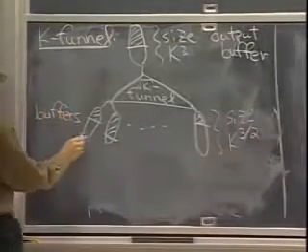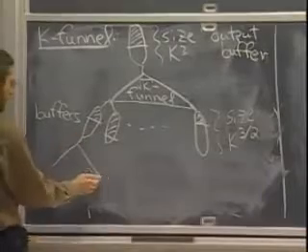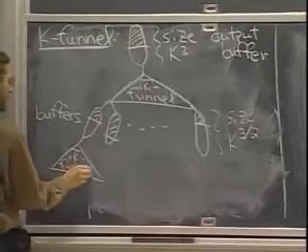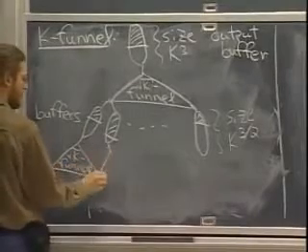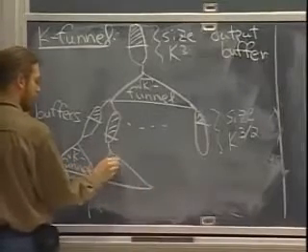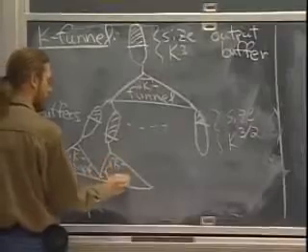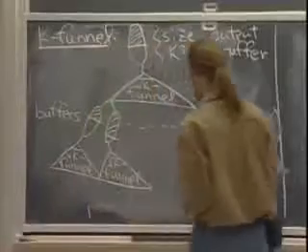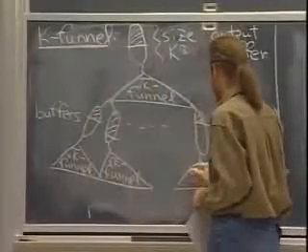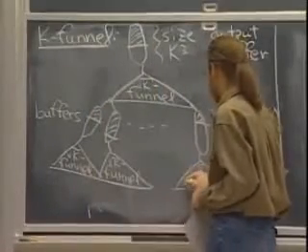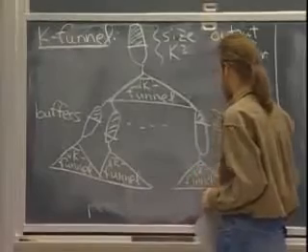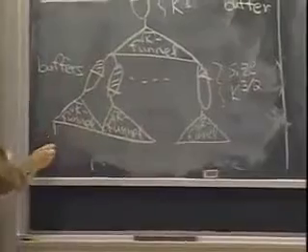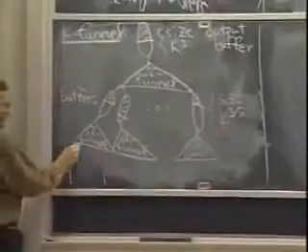And then hanging off of them, we have more funnels. Square root of k funnel here, and a square root of k funnel here. One for each buffer, one for each child of this funnel. And then, hanging off of these funnels are the input arrays.